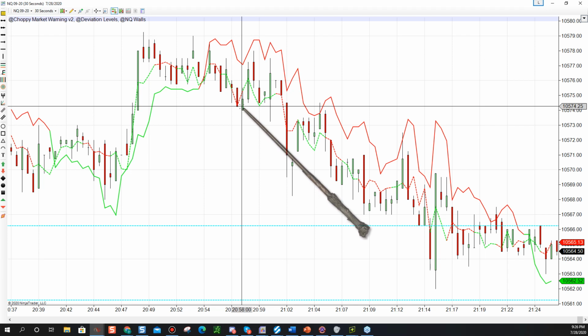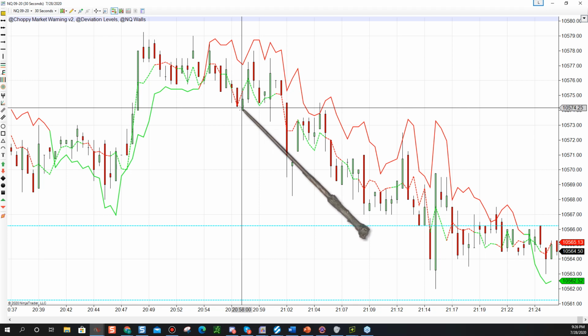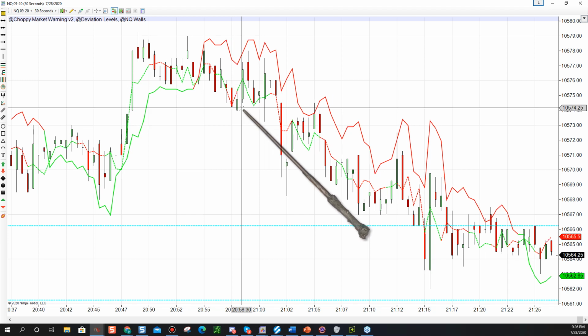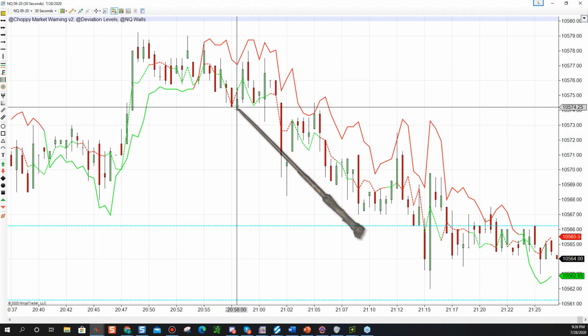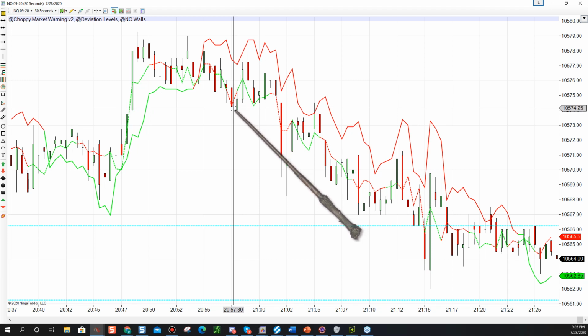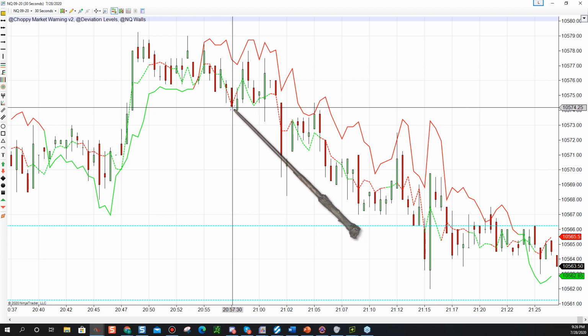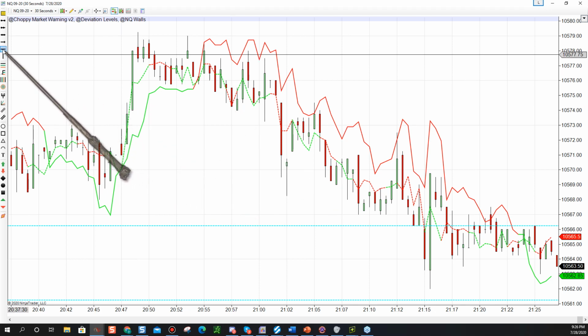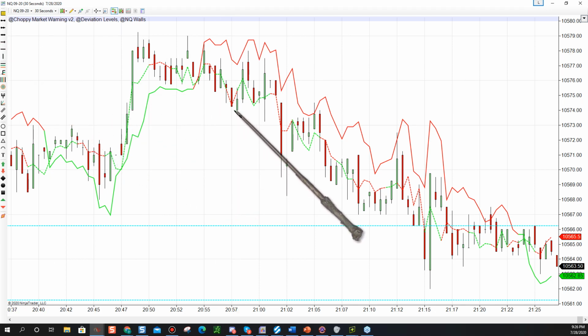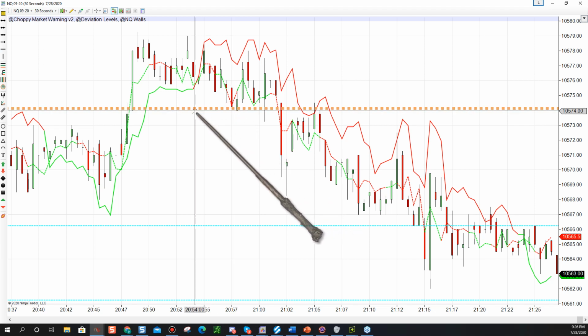I don't enter like, yeah, exactly, like a tick. If it breaks it by a tick, or a pip or cent or whatever, when it breaks one tick, I'm in. I don't wait until the bar closes. I get in right away. So on this trade, I would have got in right there.